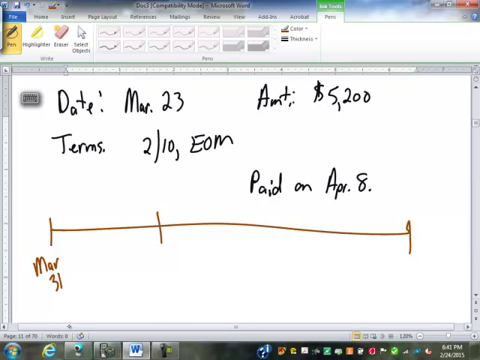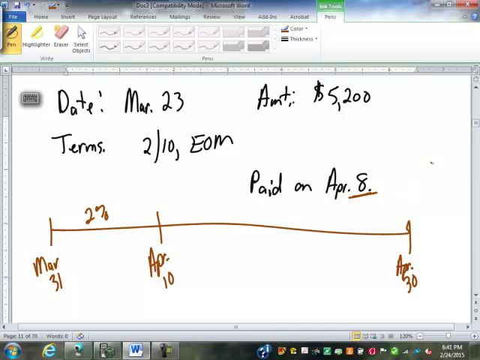March 31st. Good. End of the 2% discount? April 10th. Always going to be on the 10th of the month. It'll end, the last day of April is 30th. There's 30 days in April.